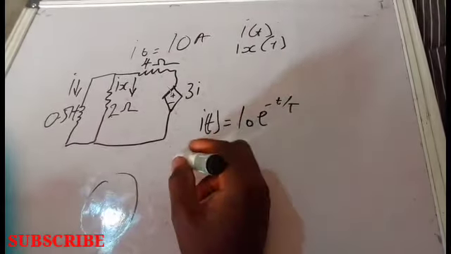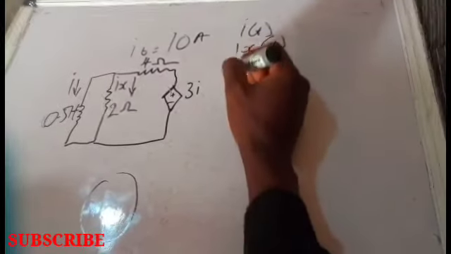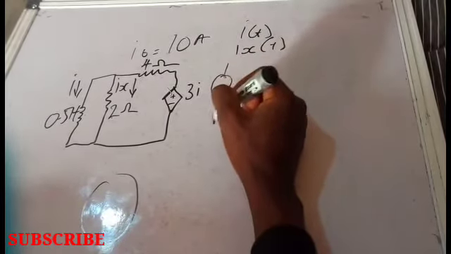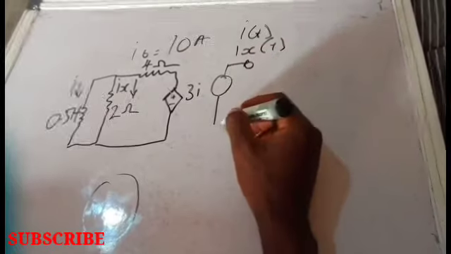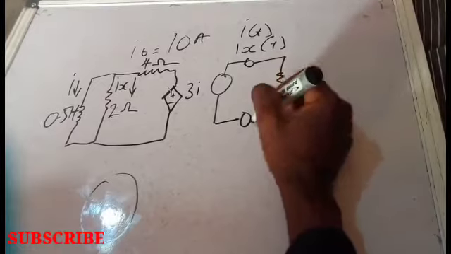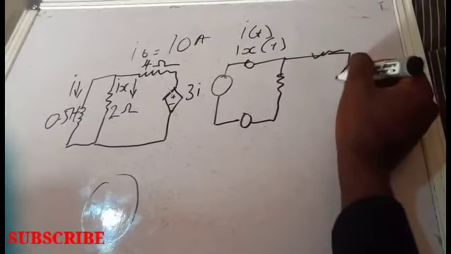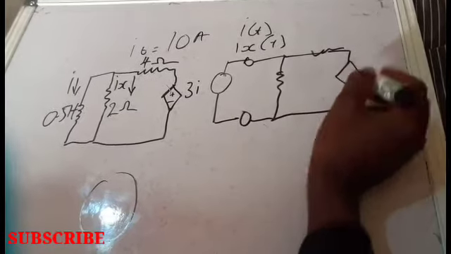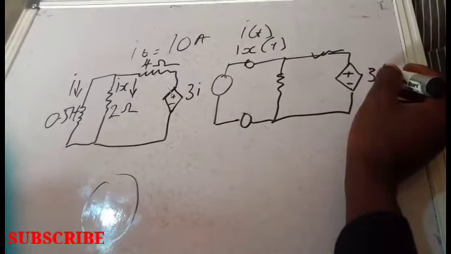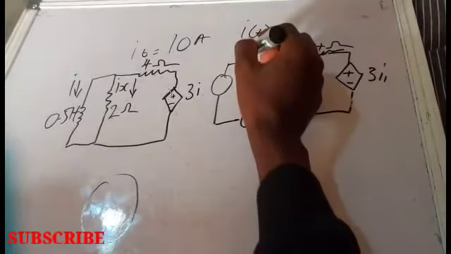So now let me draw the circuit again. Let's say this is our terminal A and B. This is the 4 ohms.